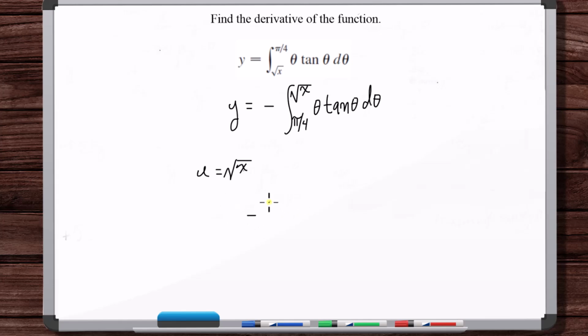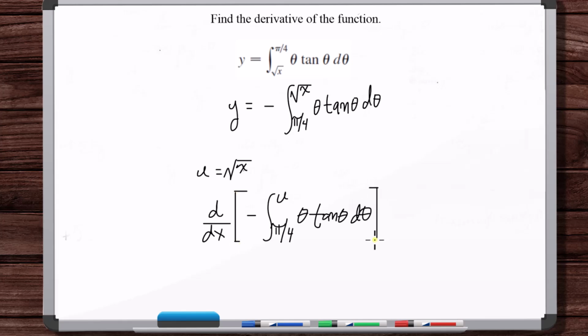And so what we've got is, okay, now this is y. And this is a function of u, right?